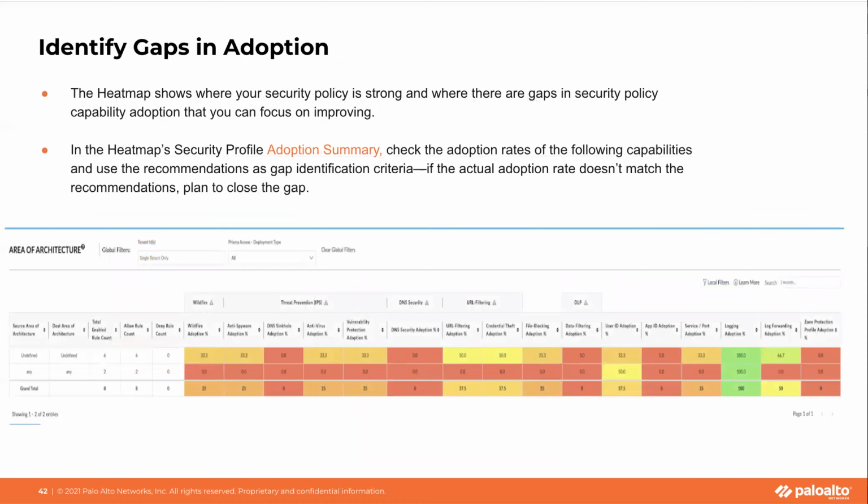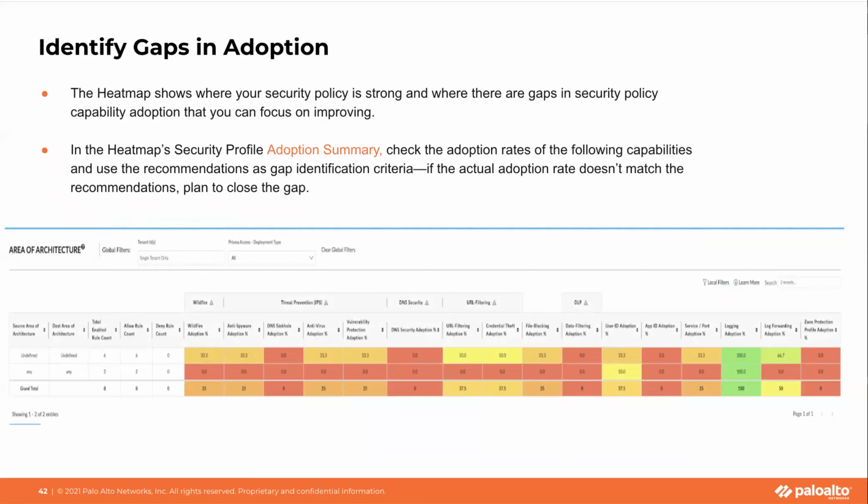Identify the gaps in adoption. The heat map shows where your security policy is strong and where there are gaps in security policy capability adoption that you can focus on improving. To gain the maximum visibility into the traffic and the maximum protection against attacks, you have to set your goals for security capability adoption and use this recommendation as the best practice baseline.